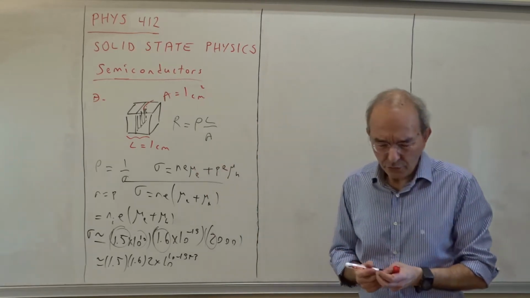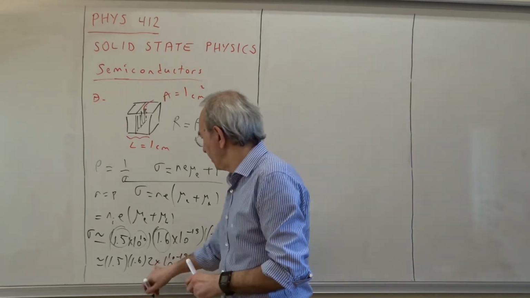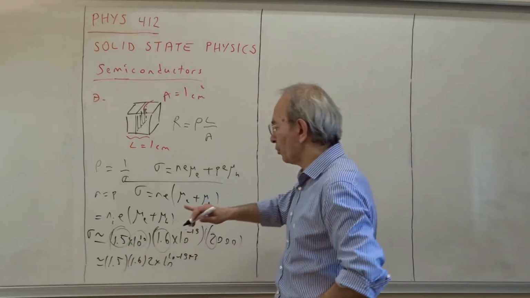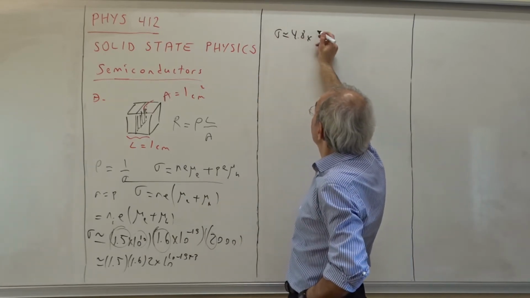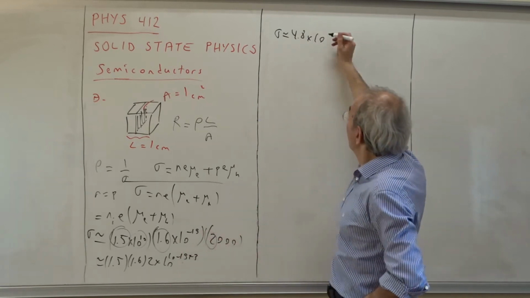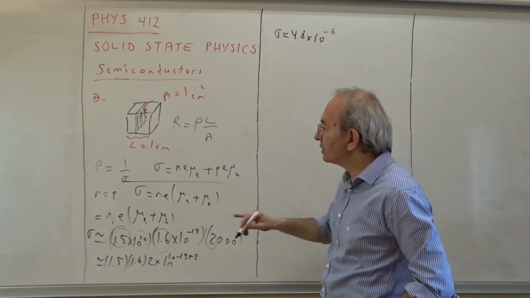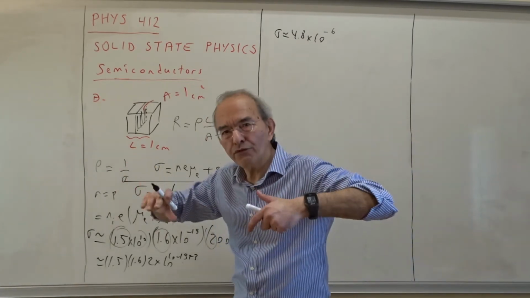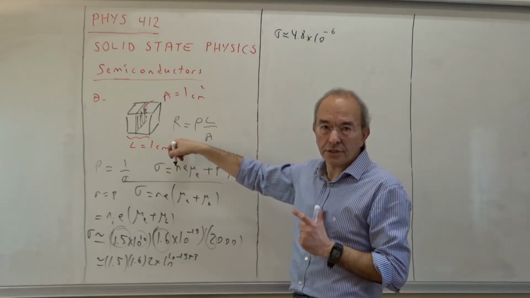Alright, so what is the next step? Here we have 3 times 4.8, approximately 4.8. Sigma is approximately 4.8 times 10 to the minus 6. But this is our sigma. We have to take the inverse to find rho, and then put that rho in the resistance equation.